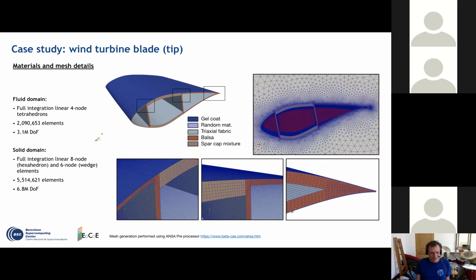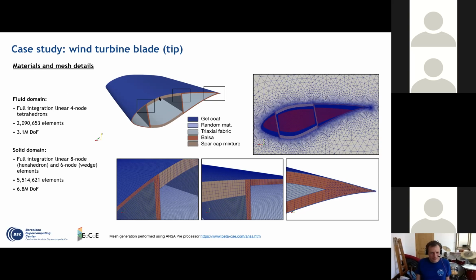So what we decided is to mesh the whole wind turbine blade with full 3D elements. As you can see here, it's just the blade tip, as an example, because in this presentation we have started with just the blade tip.